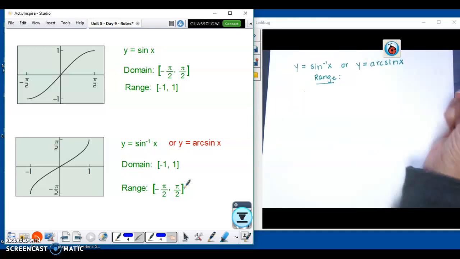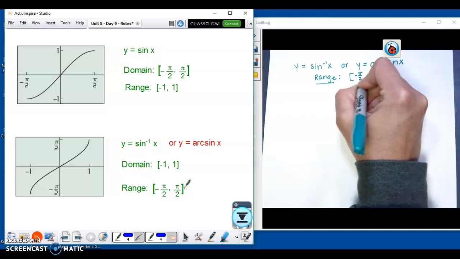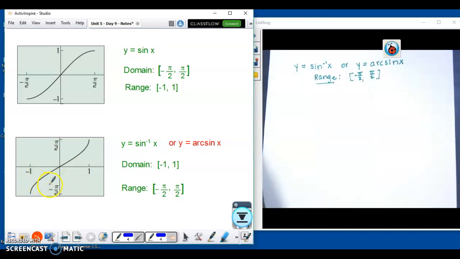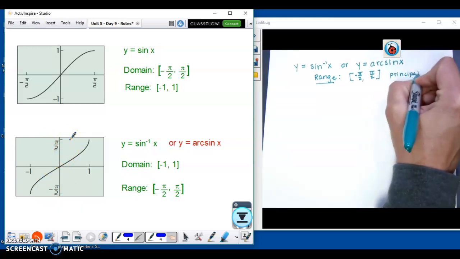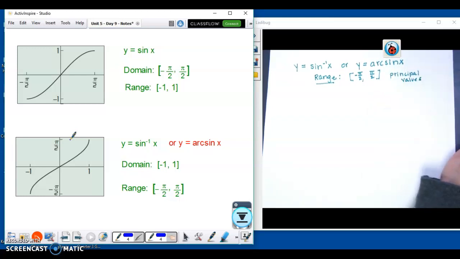The range for inverse sine or arc sine is from negative pi over 2 to pi over 2. Looking at the graph, range is the y value, so the lowest number it can go to is negative pi over 2, and the highest is pi over 2. These are going to be called our principal values when we start actually solving these problems. That's going to be super important.